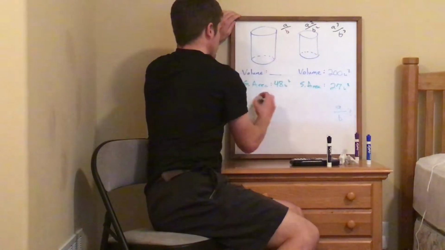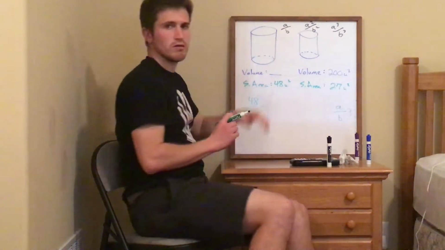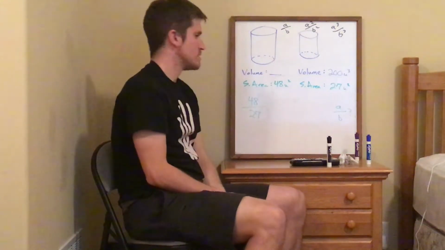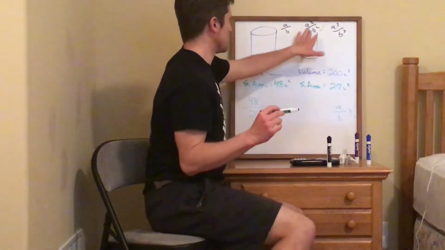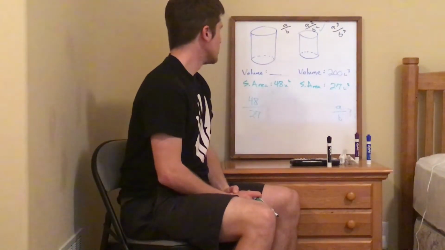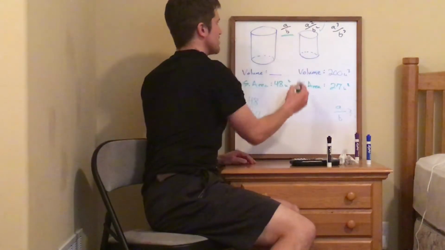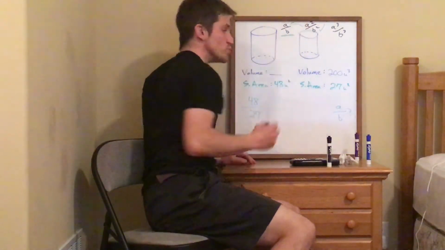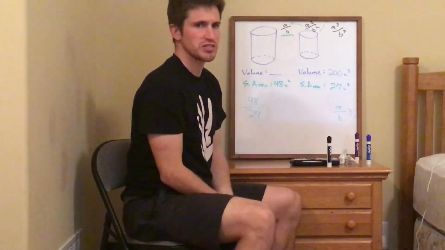When I compare surface areas, that's a 48 to 27 ratio. We're talking about surface area, so I'm dealing in this realm of squared. I'd like to find out what A over B is, so I have to square root the ratio to figure out that single scale factor.